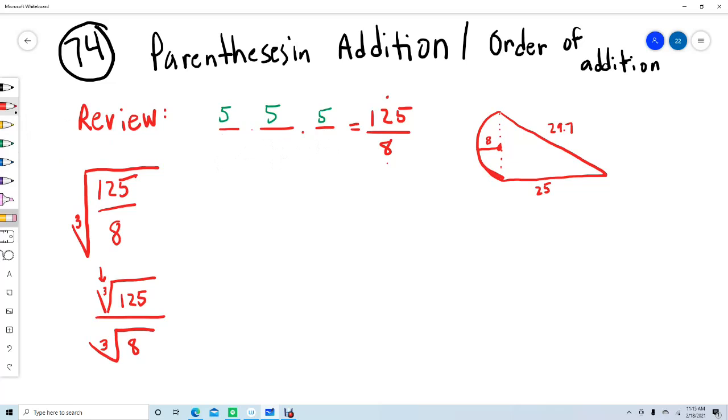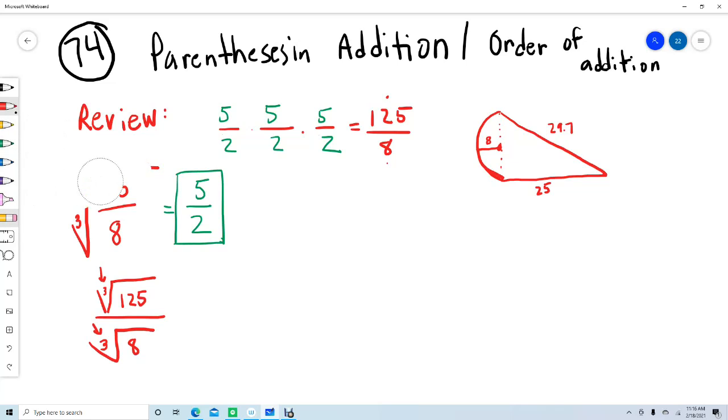What number multiplied by itself 3 times gives me 8? I hope you have this memorized by now. That's 2. So my answer is 5 halves. What is the cube root of 125 over 8? It's the cube root of my numerator over the cube root of my denominator, and that's 5 halves. Don't get intimidated by these root of a fraction problems, all right?